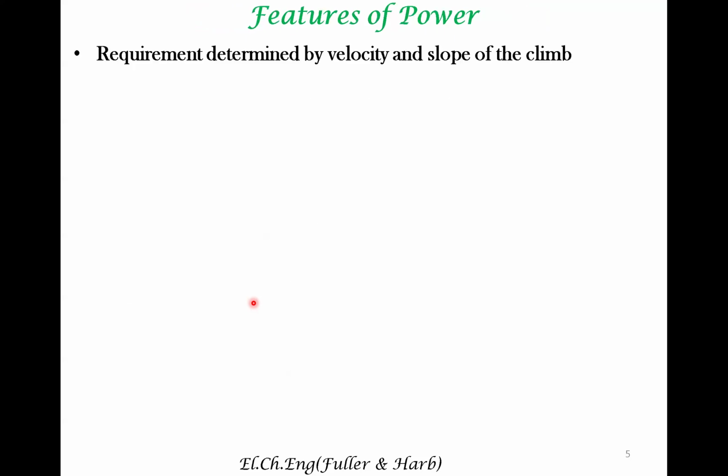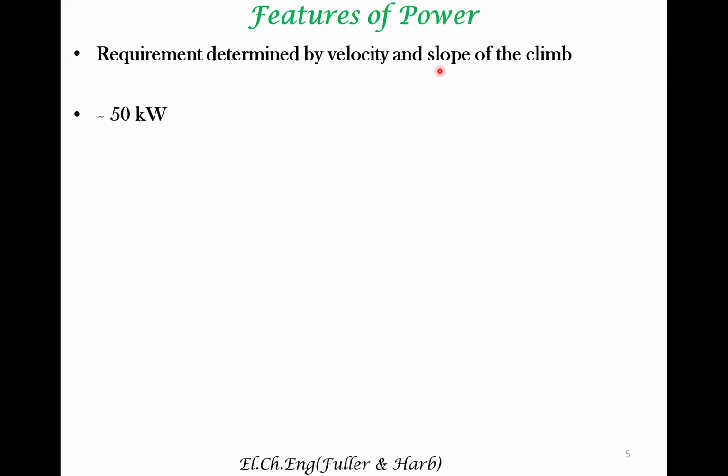The power required for the vehicle from the battery depends critically on the velocity of the vehicle. And in some cases, if the vehicle is climbing an inclination, then the slope of the climb critically determines the power requirement.